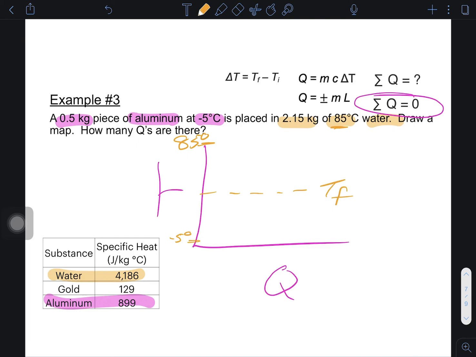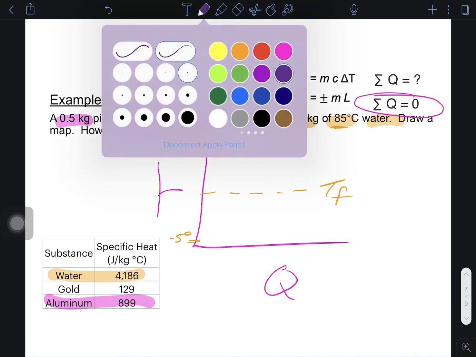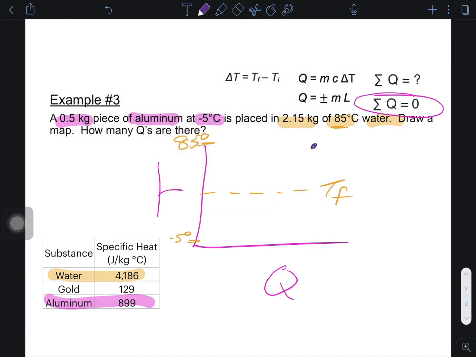And then we can say, well, it's going to meet somewhere in between, and I'm going to start with my initial temperature of 85 degrees. Water is over here, and my initial temperature of my aluminum is over there at negative 5. What happens to my aluminum?